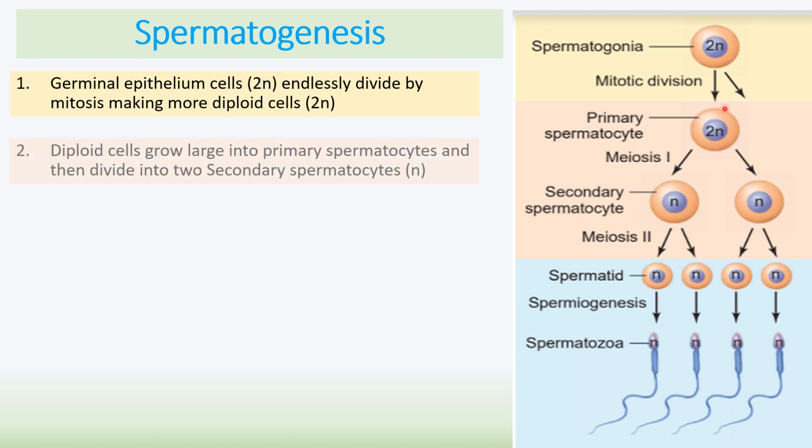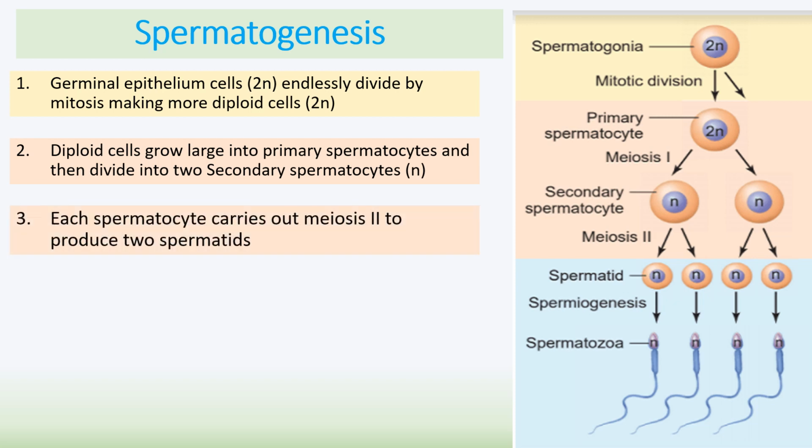The diploid cells then grow larger into primary spermatocytes and divide into secondary spermatocytes. So these 46 chromosome cells grow larger and then divide into now 23 chromosome cells, but they're still too big. They are not sperm cells at the moment.